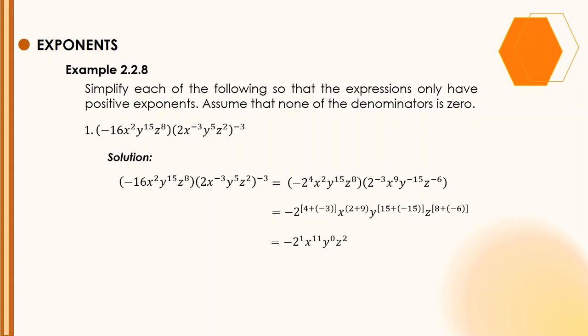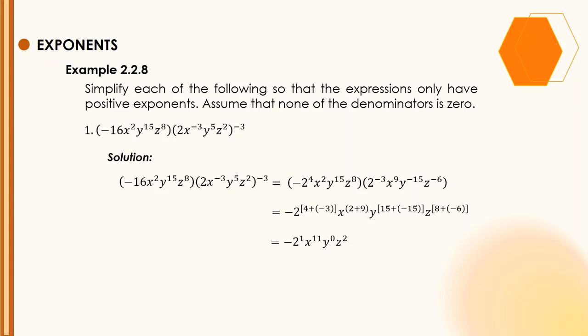So this will be equal to this one. So that is negative 2 to the power of 1 kasi 4 minus 3 is 1. X to the power of 11 kasi 2 plus 9 is 11. Y to the power of 0 kasi 15 minus 15 is 0.